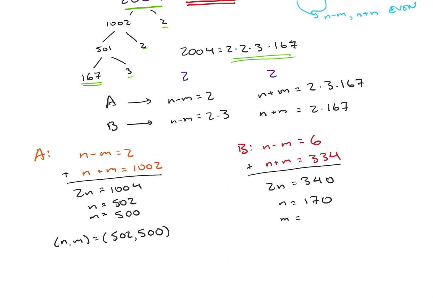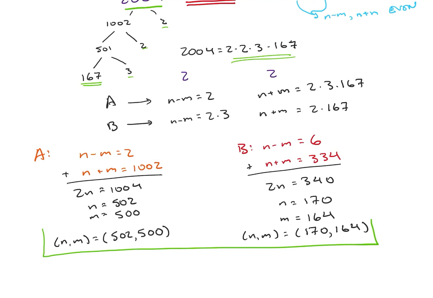That would make m equal to 164. So my second solution is n, m equal to 170, 164. And it turns out that these are going to be my only two solutions to the above equation.